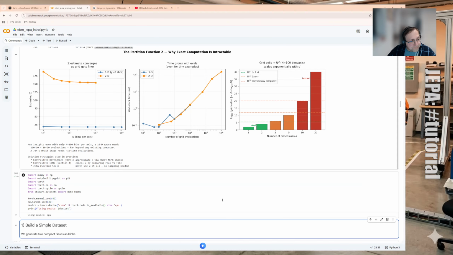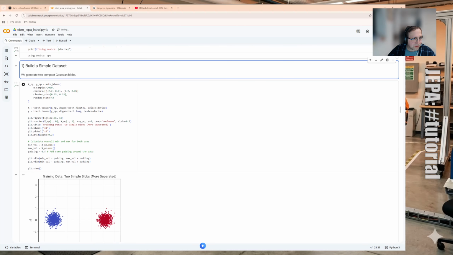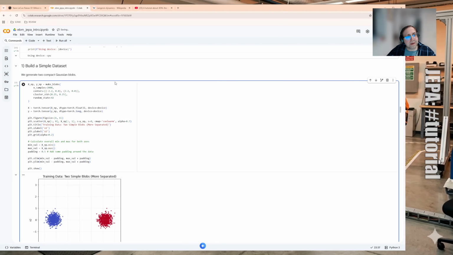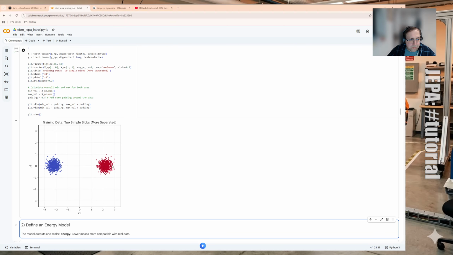I'm going to essentially enable some imports here, because we need PyTorch to calculate the gradient and the energy function. But first of all, let's create our simple data set. So this is like 2 blobs. If you're familiar with ML, this is quite common.